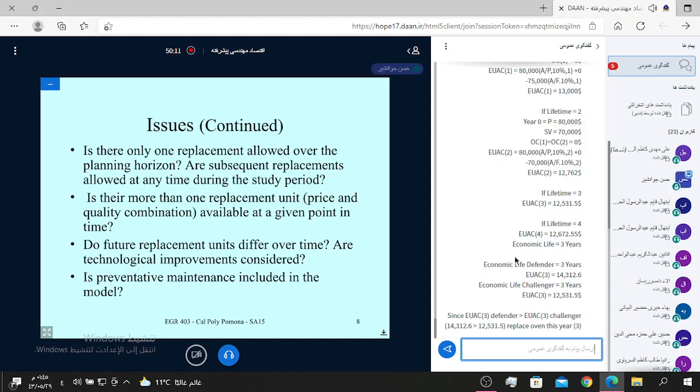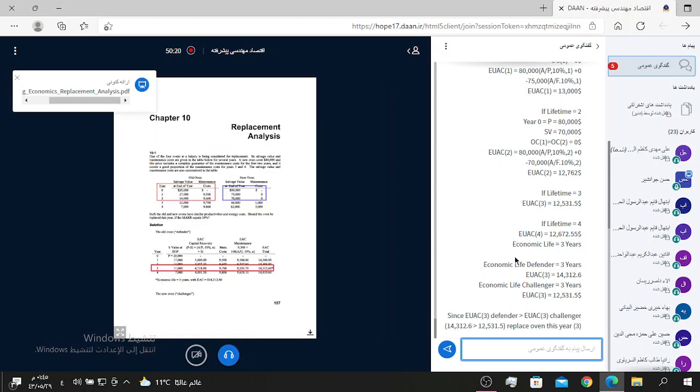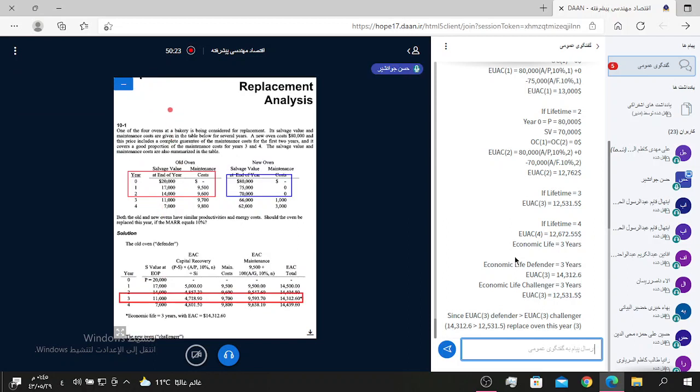Okay, enough. You'll learn only example 1. In the final exam, I will give you the cash flow for the Defender and the cash flow for the Challenger.